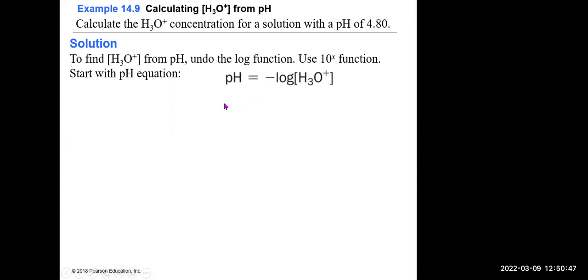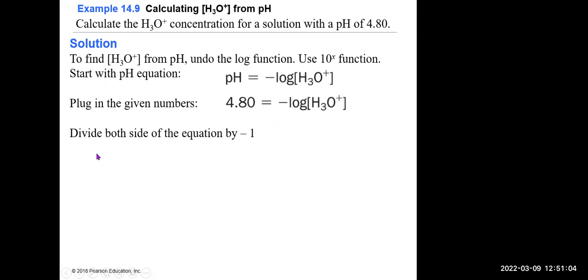Mathematically, we know the pH is written as negative log H3O plus. We plug in the number, so we know the pH is 4.8. Then you multiply or divide both sides by negative 1, so the negative becomes positive on the right, and the positive 4.80 becomes negative 4.80.